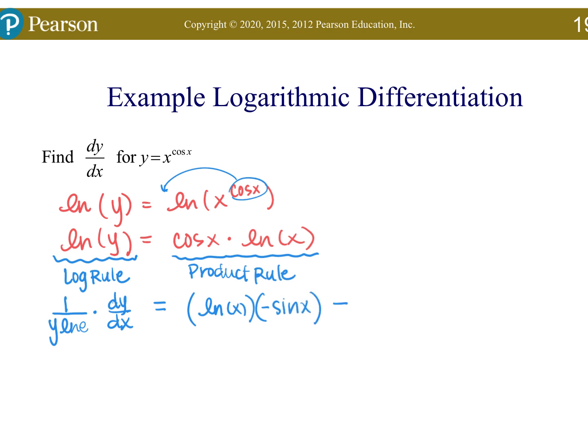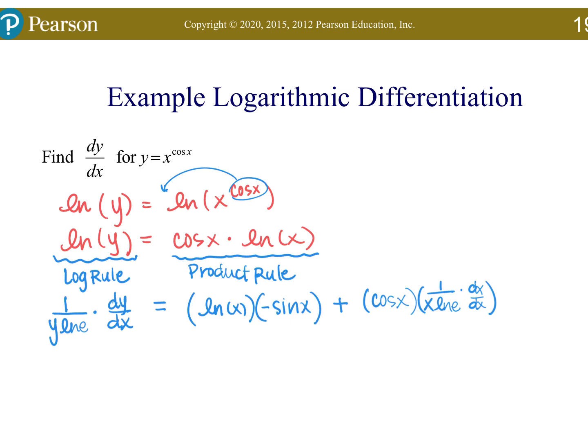And then I will add to it cosine, and then follow it with the final derivative, which is 1 over x ln e times dx/dx, which is going to be 1. So on the left side, I have 1 over y ln e dy/dx. On the right side, I ended up with 1 over x ln e dx/dx.